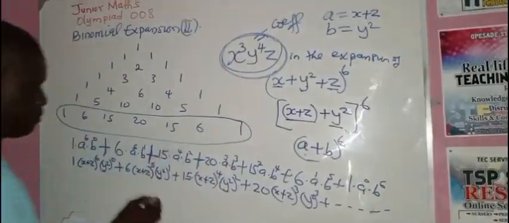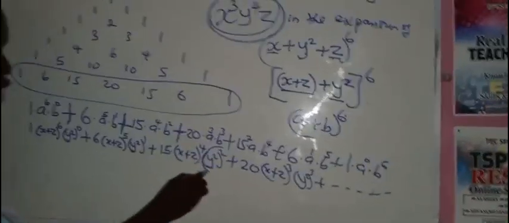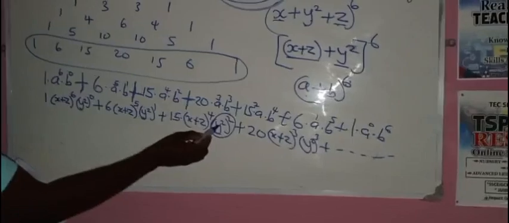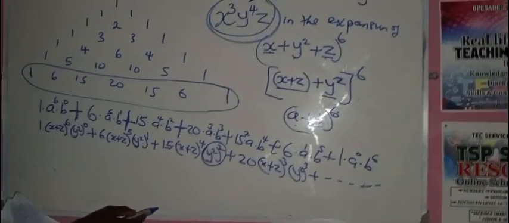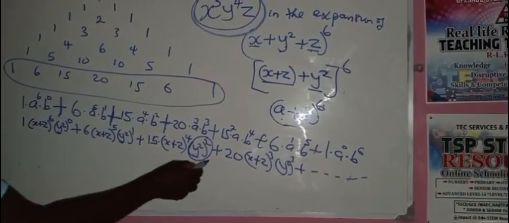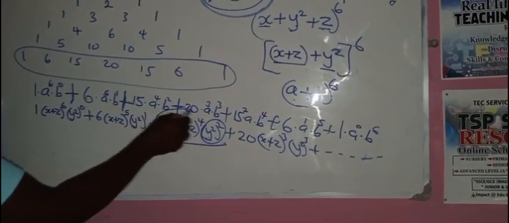If you look at this expression, there's a particular one that will give you y raised to power 4. Do you see it? 2 times 2, y squared times y squared, that's y raised to power 4. Can you see that? Yes. So you will pick this. This is what we need.